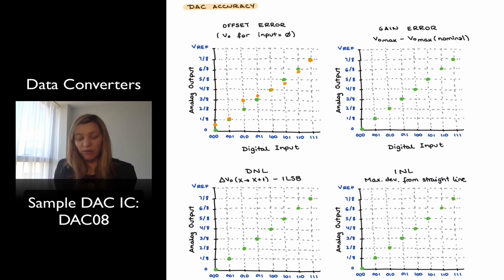If I were to measure my offset voltage, this is what will represent my offset voltage: the difference between my analog output for my digital input having a value of 0 and the actual 0. This will be my offset error.